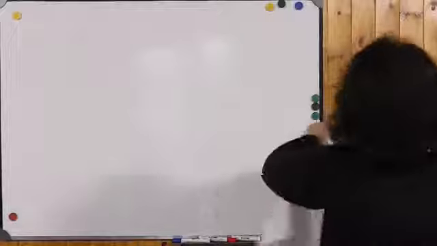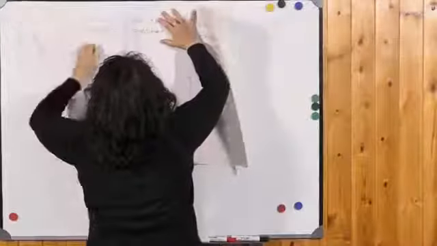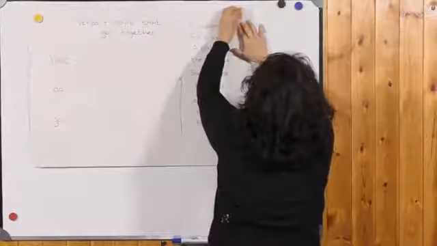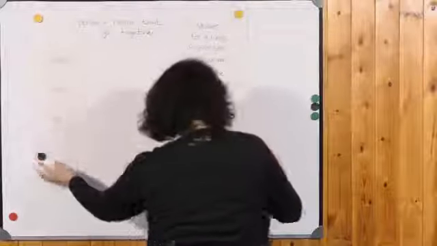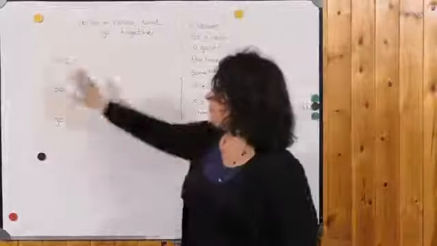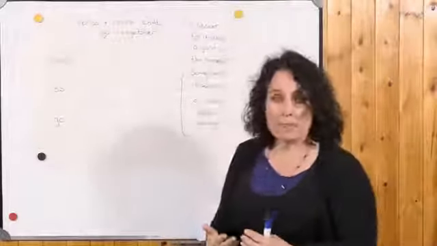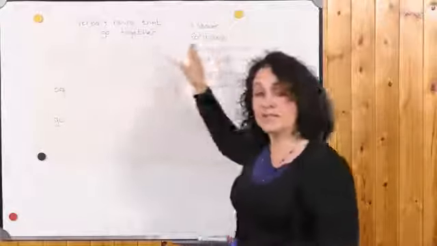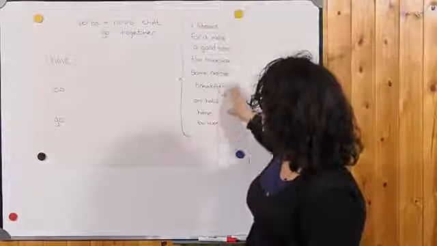Okay, so one thing I want to look at, very important, is the way we bring verbs and nouns together. So these are some everyday common verbs, and we use these verbs together with nouns or other words.